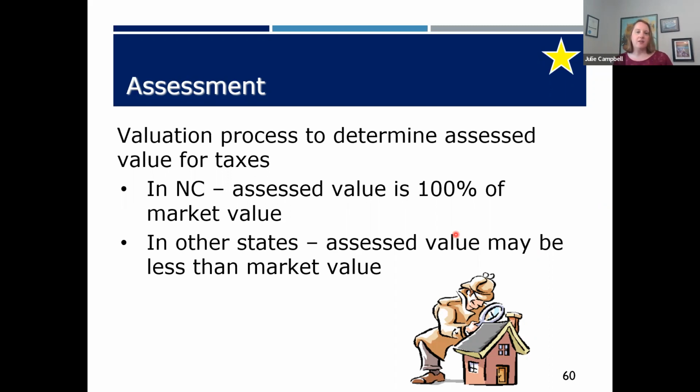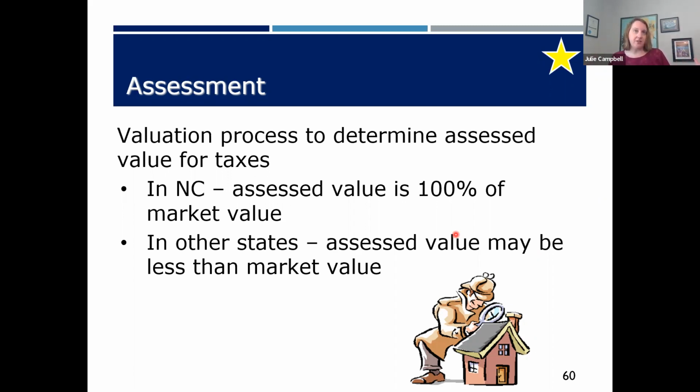This is what I have to say to you. When you see a math problem on this, when you see a test question, it's not going to give you both North Carolina and outside of North Carolina. It's either going to tell you to use 100% of market value, or it's going to tell you to use an amount less than market value, one or the other.